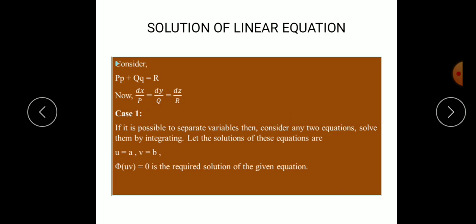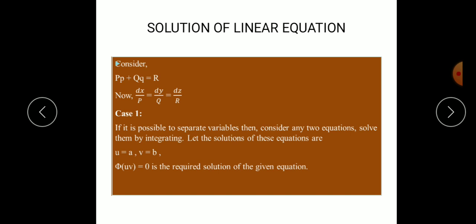So the solution of this kind of linear equation can be found by using case 1 or case 2.